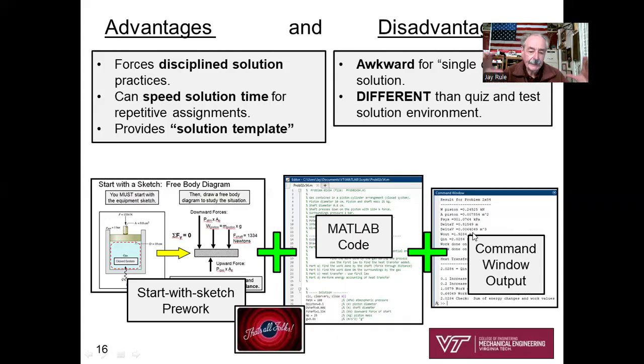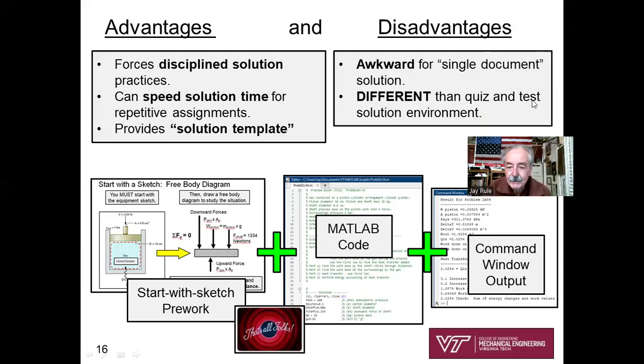I don't have any recommendations of how you would bundle that together, but that's a little bit of a disadvantage, isn't it? So, here's my disadvantage: awkward for single document solution.